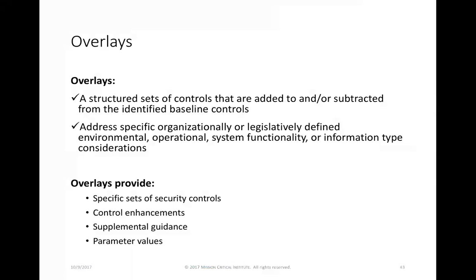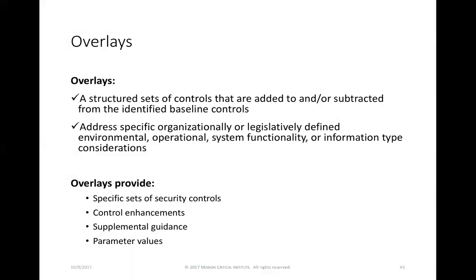Okay, overlays. I talked about this earlier. An overlay is really just a set of controls that are automatically selected based on the mission of and the data that's contained on your system.